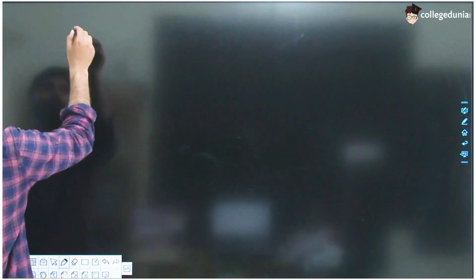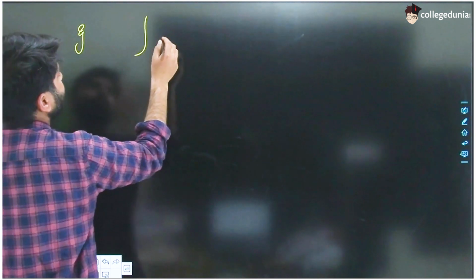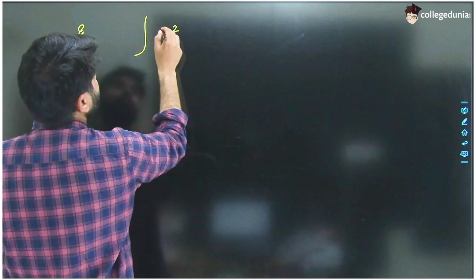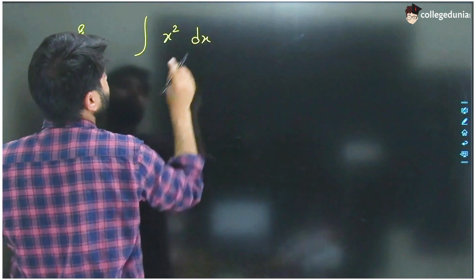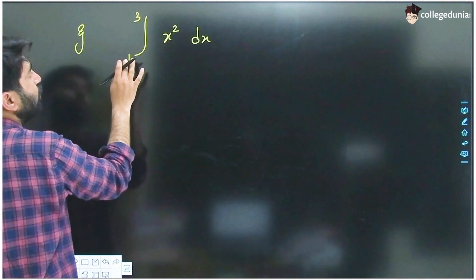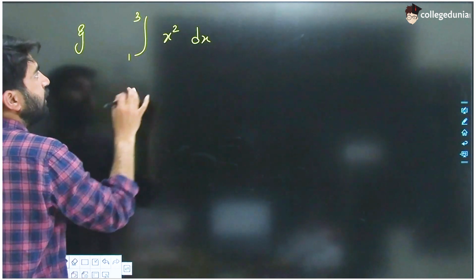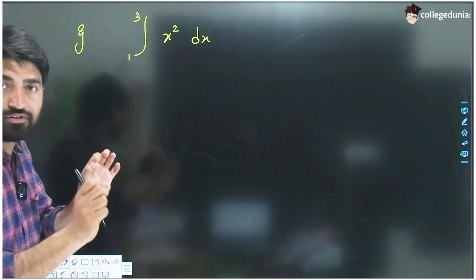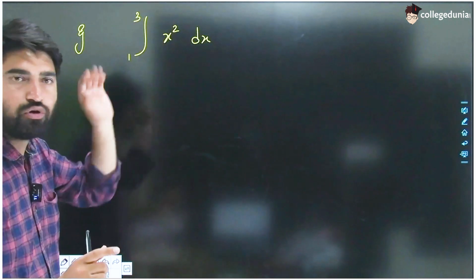ओके, सो लेट्स अंडरस्टैंड दिस विद एन एग्जांपल। लेट्स से वी हैव टू इंटीग्रेट x square with respect to x, and suppose there is a limit 1 to 3. This 1 is the lower limit and this 3 is upper limit, and this definite integral problem is representing area under some curve, okay.